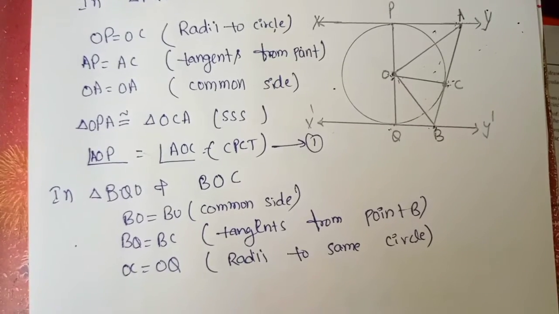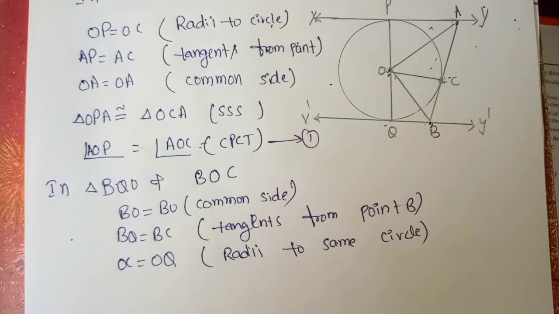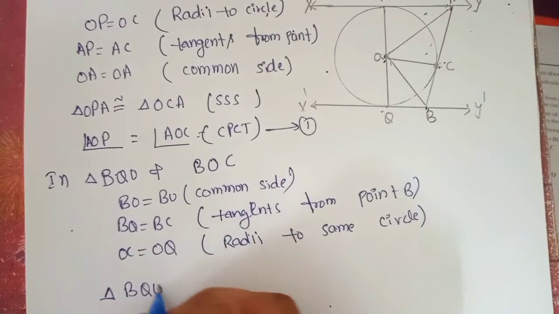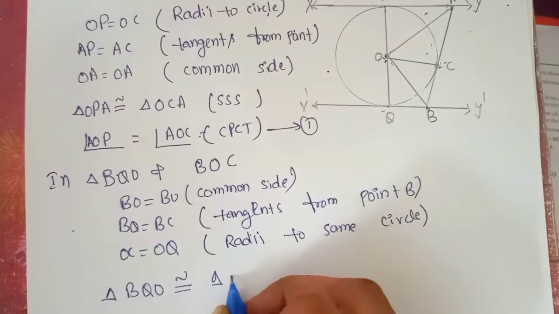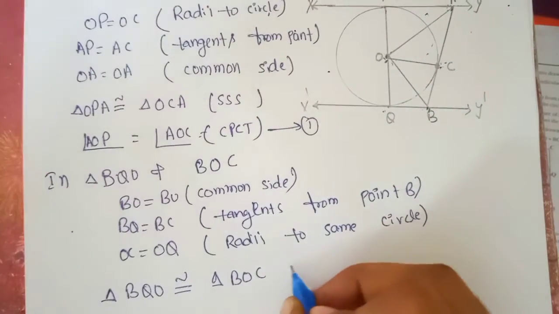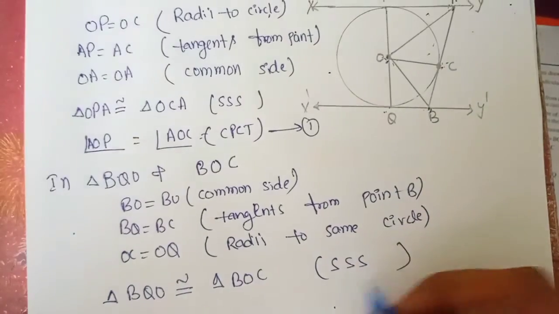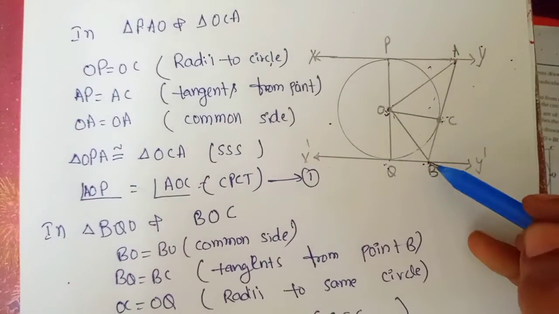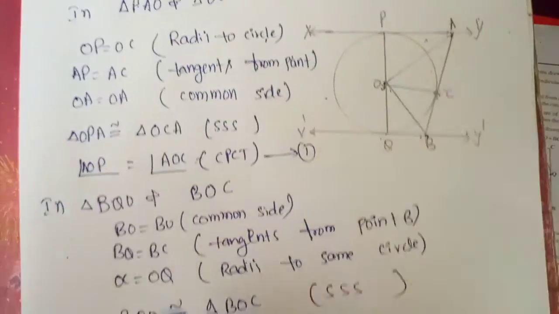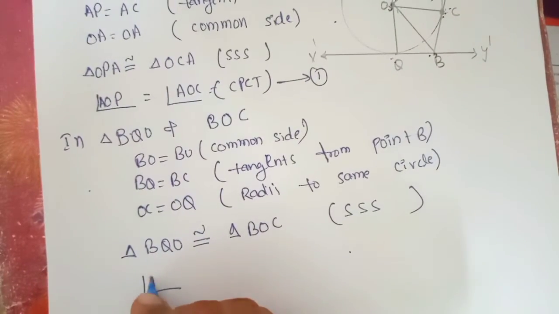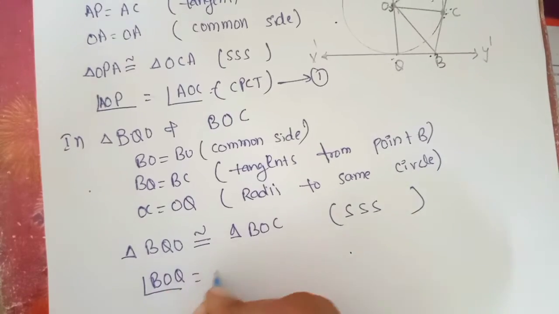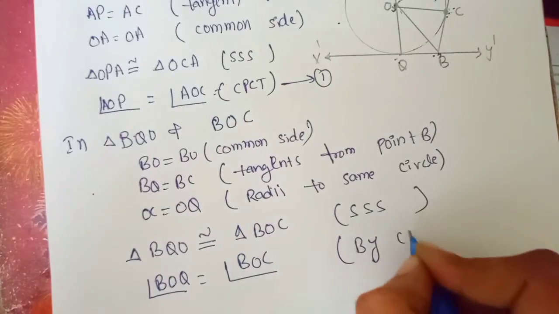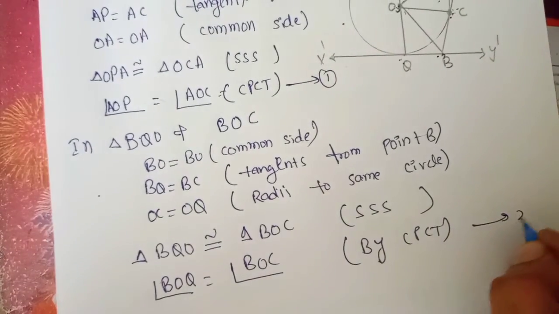These two triangles are also congruent by SSS congruency. So, triangle BQO is congruent to triangle BCO by SSS congruency criteria. So, by CPCT, we can write angle BOQ is equal to angle BOC. This is equation number 2.